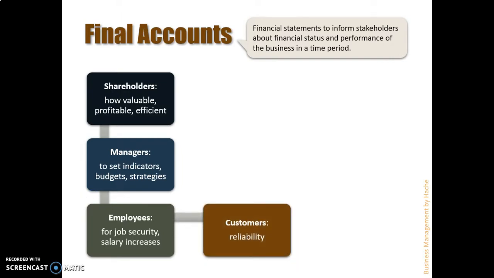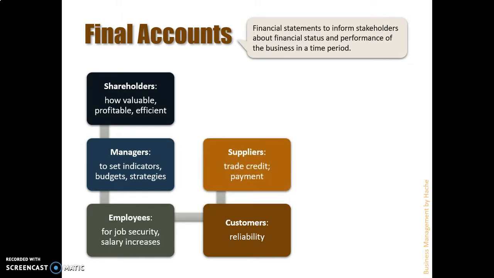Customers on their side will also like to see that the business is financially stable, basically because they would like to keep on getting the product or the service they want from the business. They would like to keep buying from them, and in order to get that, they would like to see that the business is financially stable and growing financially.